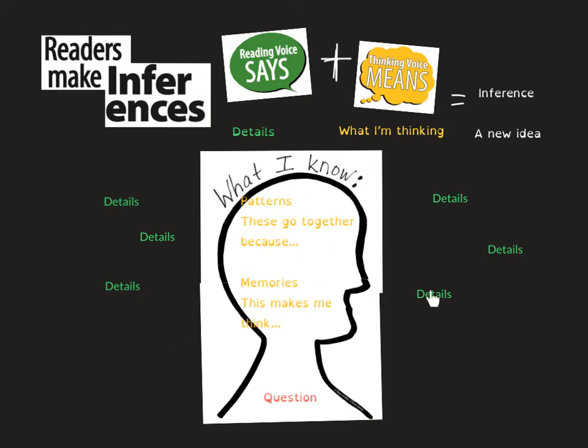And then we take all those details and we notice the patterns. We notice that these things go together because something. And we also take stock of memories. These details make us think of certain things. This is how we make an inference.